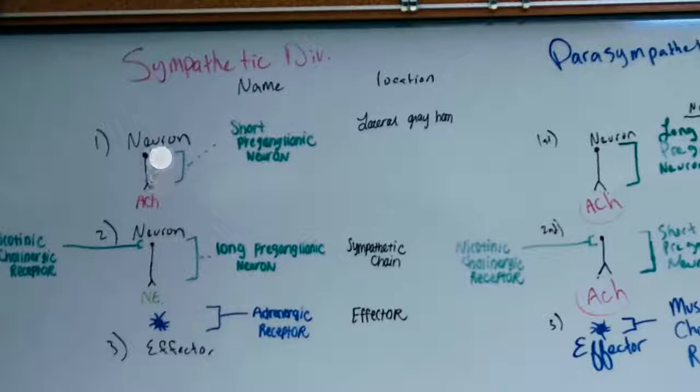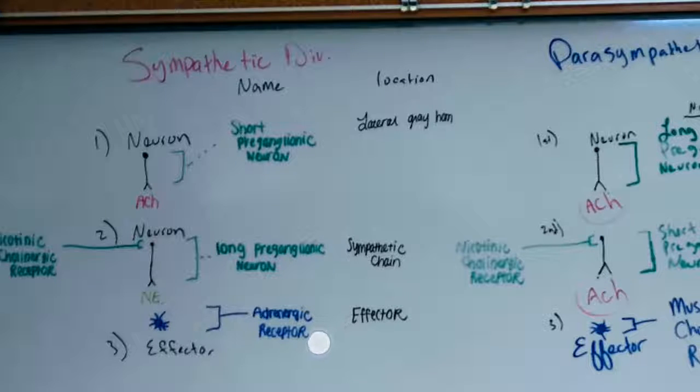The first neuron is called the short preganglionic neuron, and it secretes the acetylcholine. The second neuron, which is called the long post-ganglionic neuron, so just excuse that typo, secretes norepinephrine, and then the third part is that the norepinephrine is received by the effector.